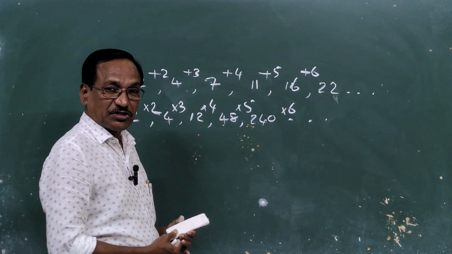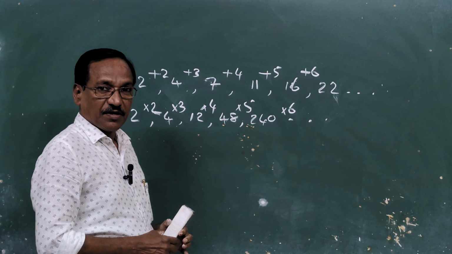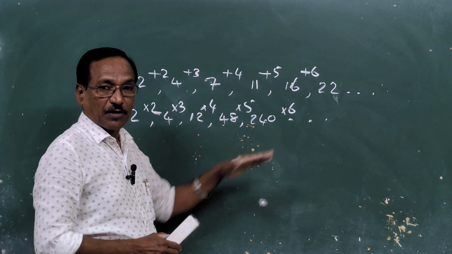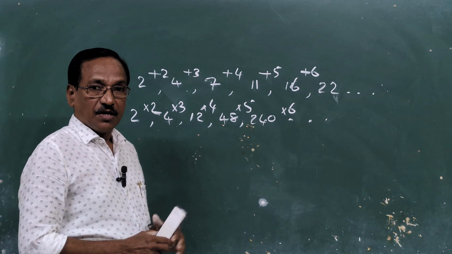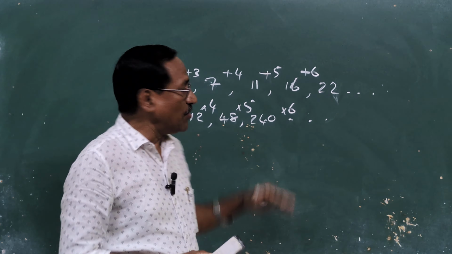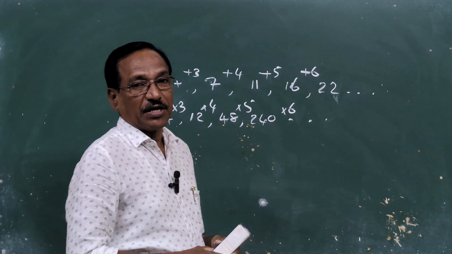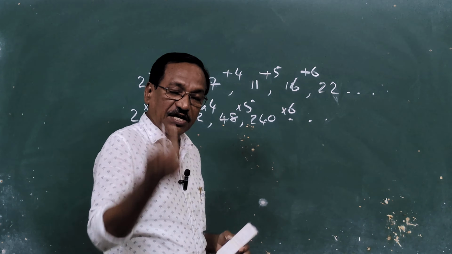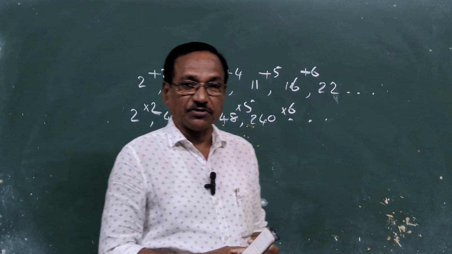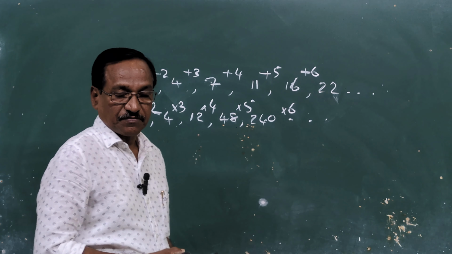So we build up the sequence by multiplying the terms successively. That's why we call it the multiplication pattern. Most problems on sequences belong to these two classes. Of course, there will definitely be other patterns also, but most problems are from these two classes.